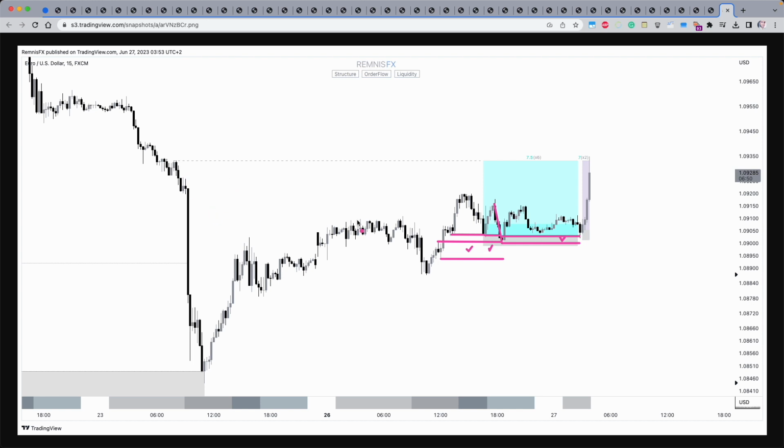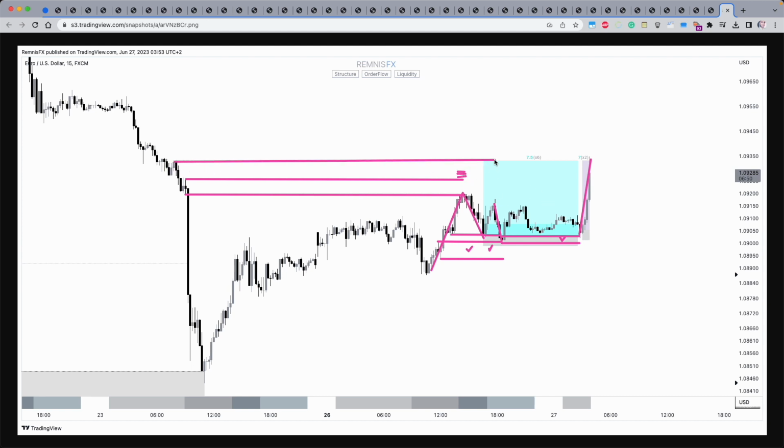And as we can see here, look how beautifully those smart money traps work. Price came, it triggered everyone, but eventually it came all the way up, collected everyone's stop losses here, and now is liquidating this inducement, hitting my TP.